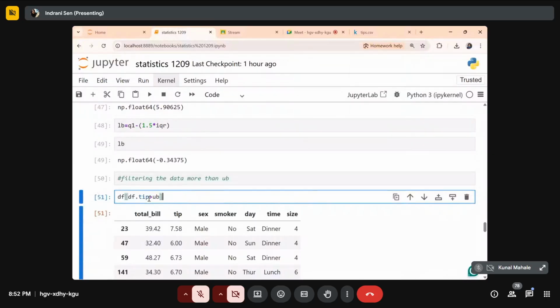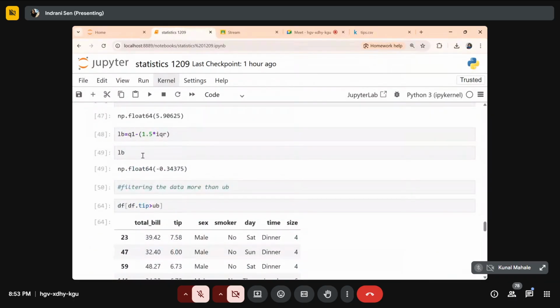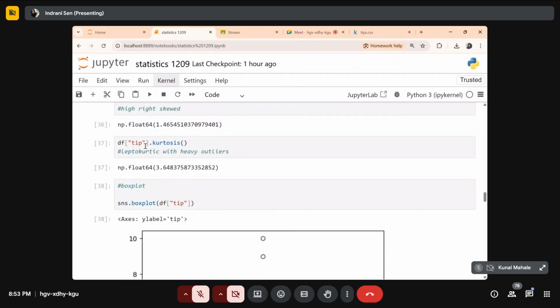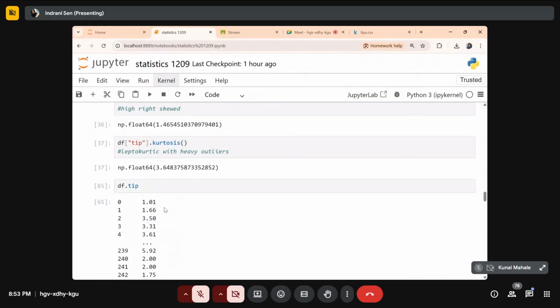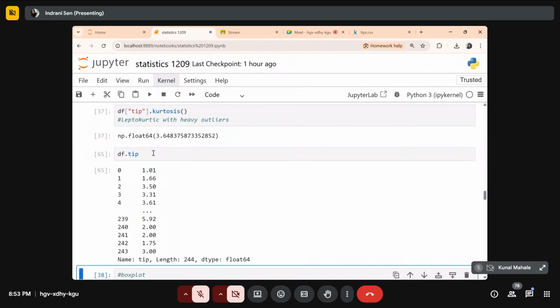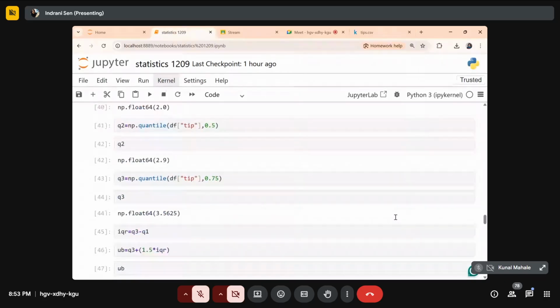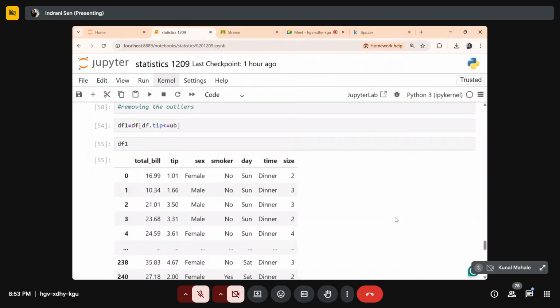So here I am showing that df tip is greater than UB, upper bound, and it shows me the data. Instead of writing df square bracket tip, you can also write df dot tip. It gives you the same result. Okay, this also you can do. So both the notations are available.